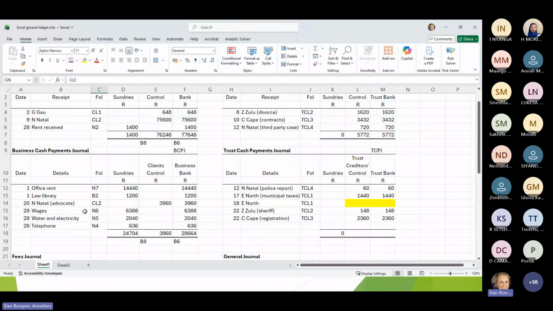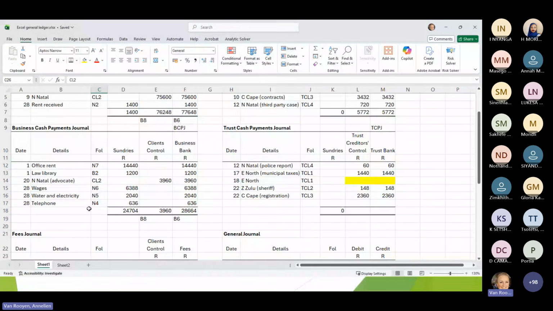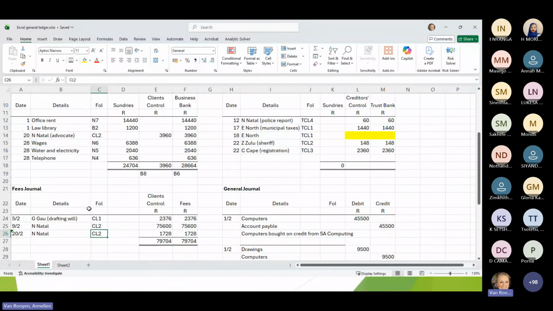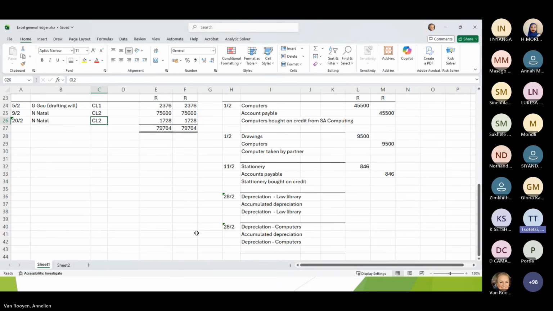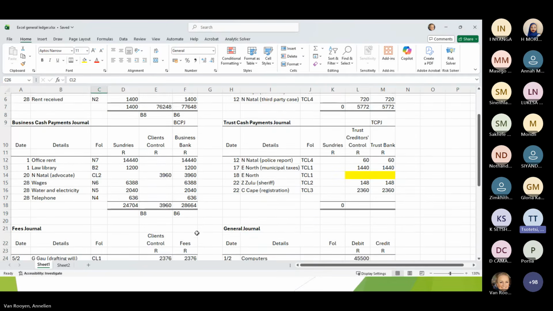Okay, can you quickly open some T accounts for me on a piece of paper? Sorry, ma'am. Please scroll up a bit to the trust cash payments and receipts.